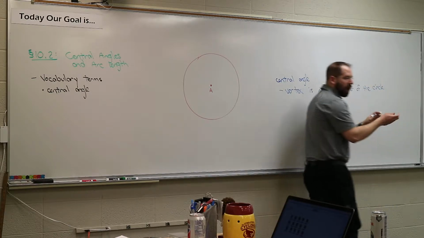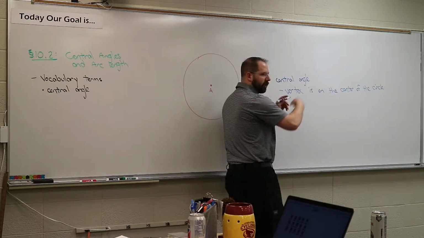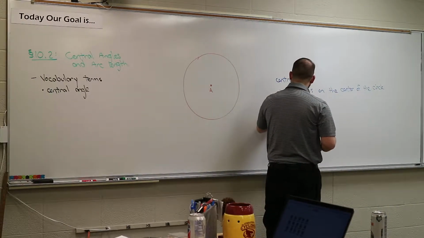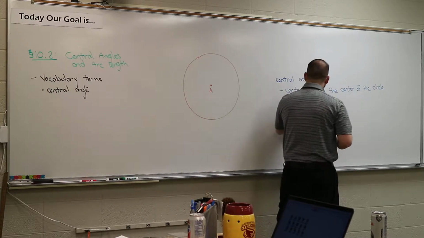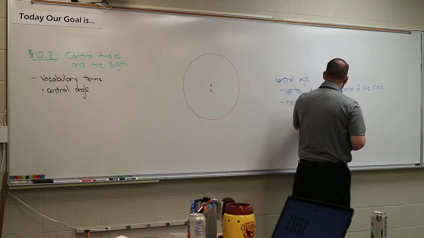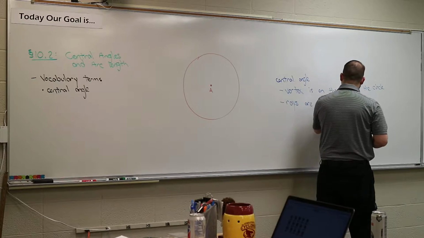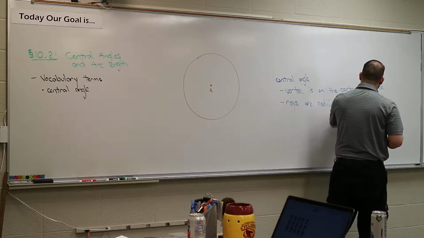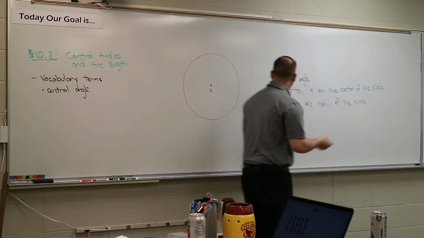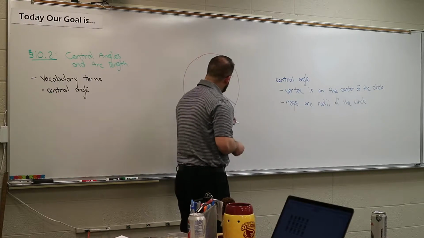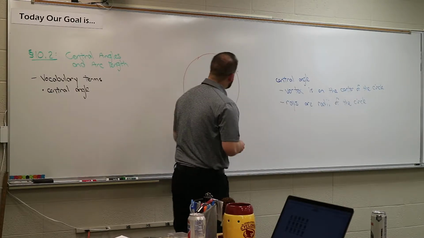And then the rays that make the angle, because when you make angles you have to have 2 rays, are radii of the circle.